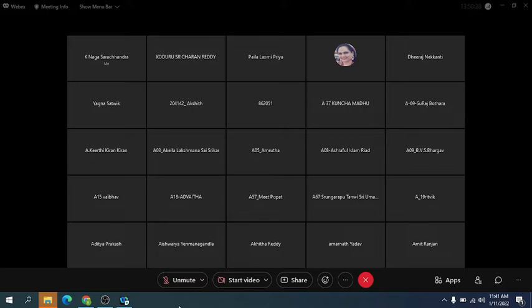Next one. Implementation of 8-bit adder using 4-bit ripple carry adder. 8-bit adder, that means this becomes a block adder. 8-bit adder using 4-bit ripple carry adder.